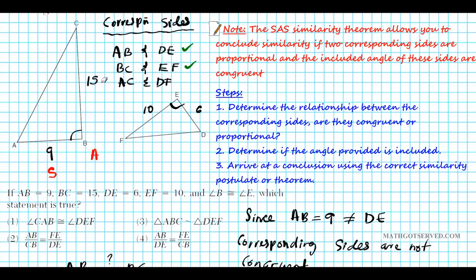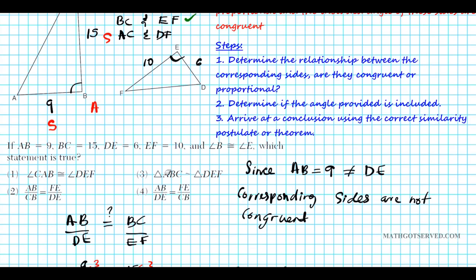S, side, angle, side. Remember, the S's mean corresponding sides are proportional, and the included angles are congruent. So since they're similar, the concluding statement we can write is that triangle ABC is similar to triangle DEF.